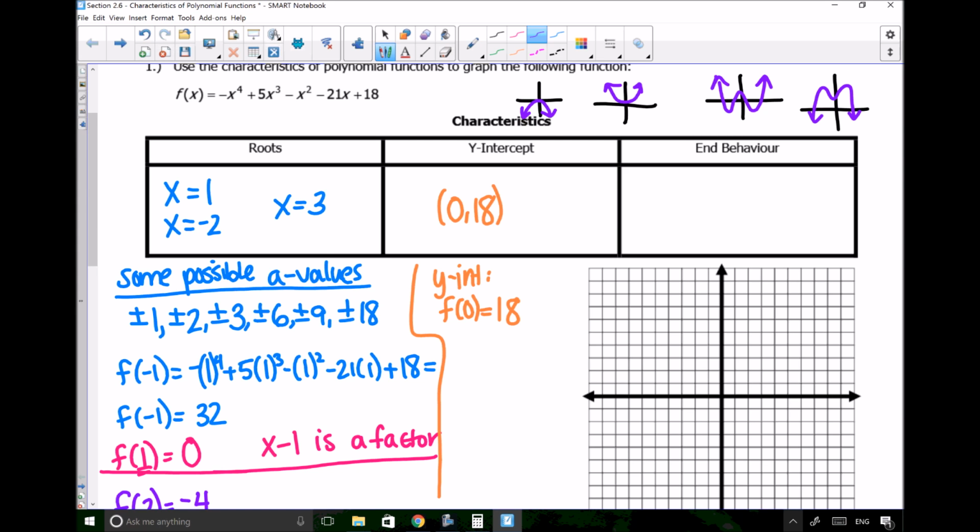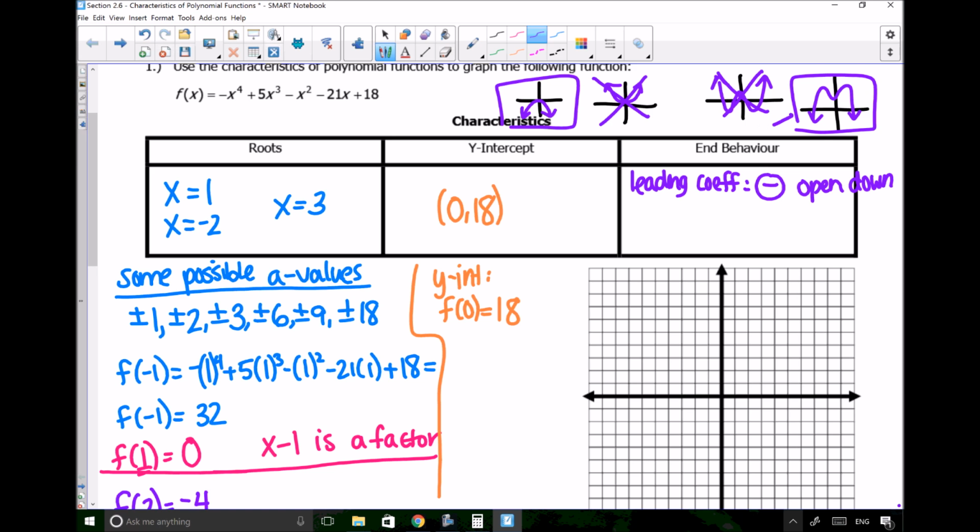Okay, so what is my end behavior going to be specifically for this graph right here? Well, my leading coefficient is negative, which means that it will open down. So that means that it's not going to look like this or this. It's going to either look like this or like this, or something a little bit different.